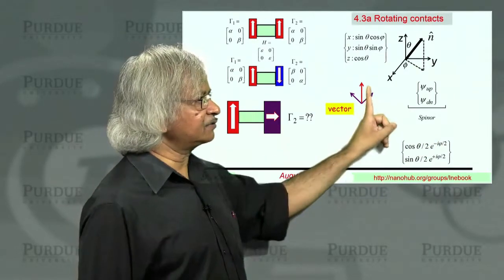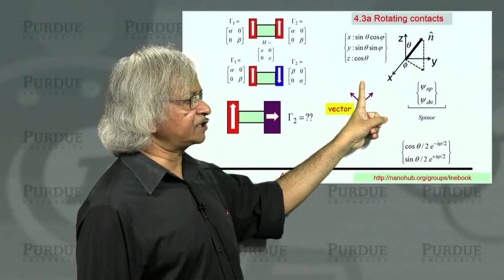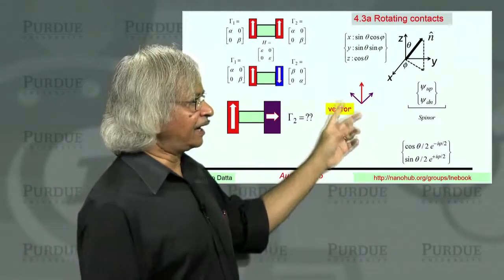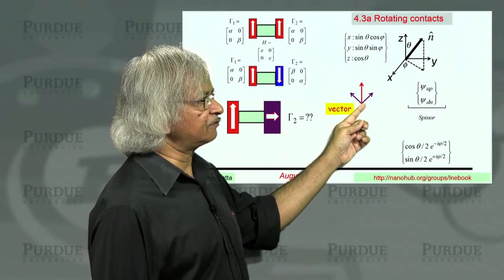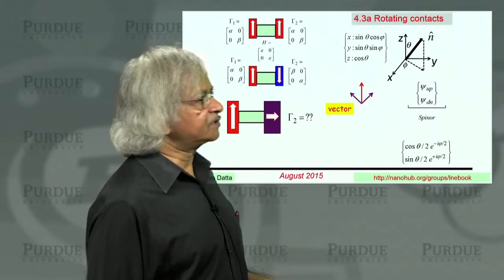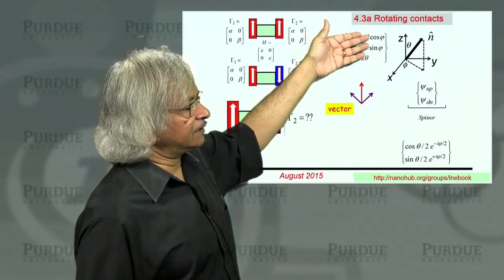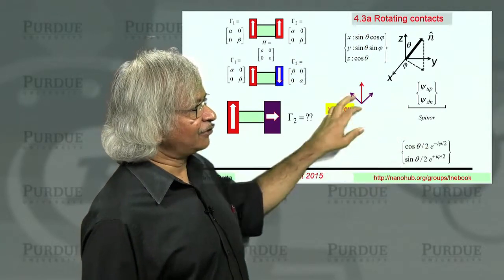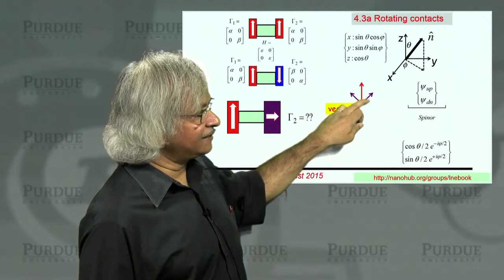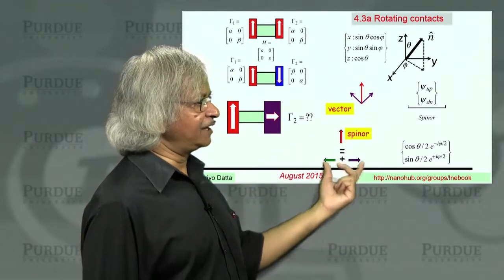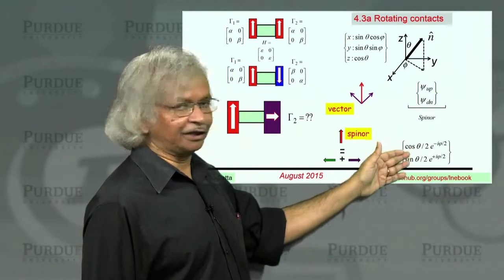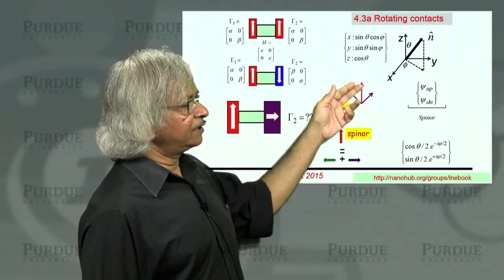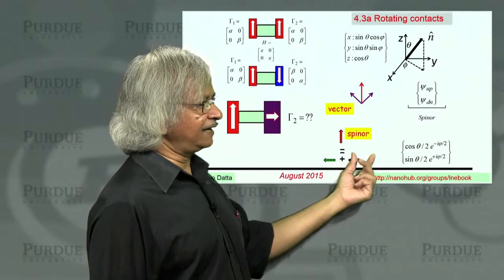So with vectors, when you have something pointing in this direction, you can resolve it using the parallelogram law and write it as a superposition of this and this. With spinors, all the angles are half theta instead of theta. So in order to get orthogonal, you kind of need 180 degrees here to get 90 degrees. And so a spinor pointing in this direction is resolved into this and this.